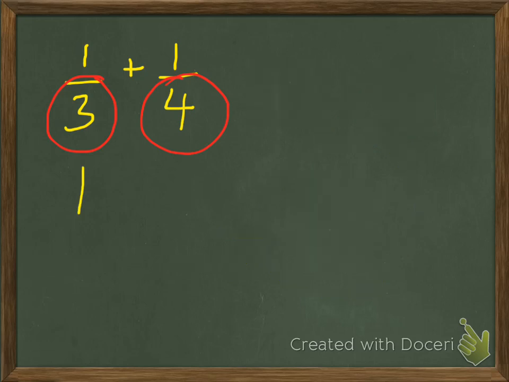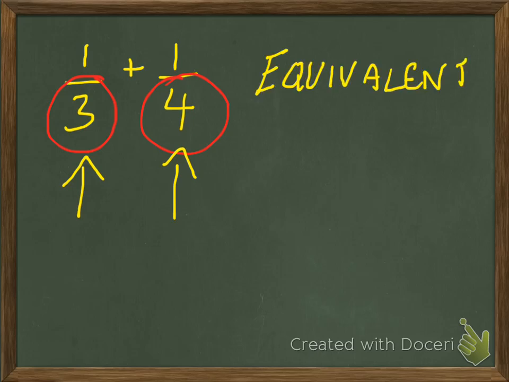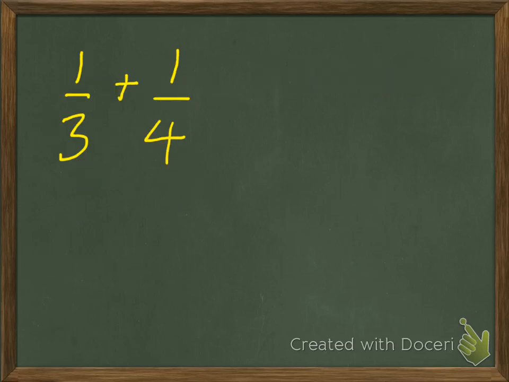In essence, we've got to do something to the 3 and something to the 4 to make them the same. Now you remember from previous videos that we talked about equivalent fractions. So what we've got to do is make 1/3 and a quarter have the same denominator, and the easiest way to do that, the practical way of doing that, is to multiply one denominator by another.